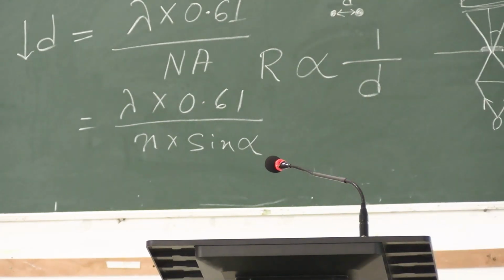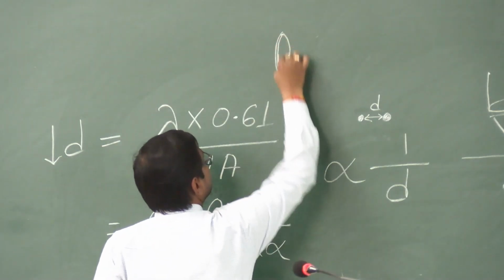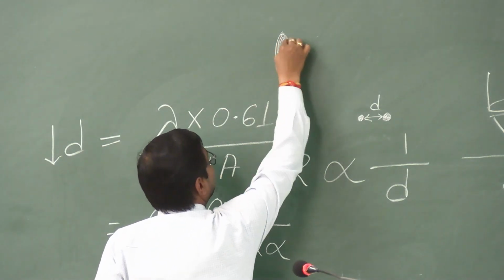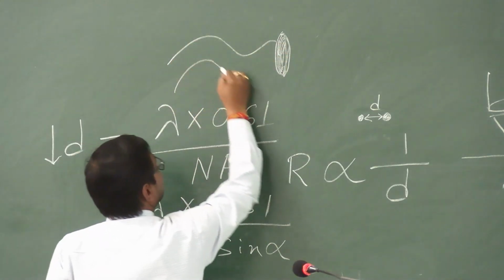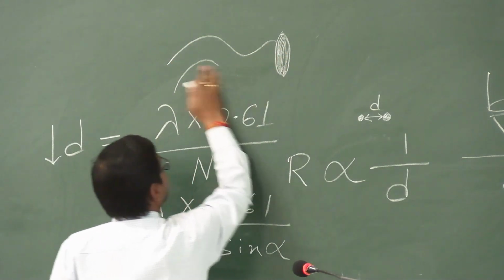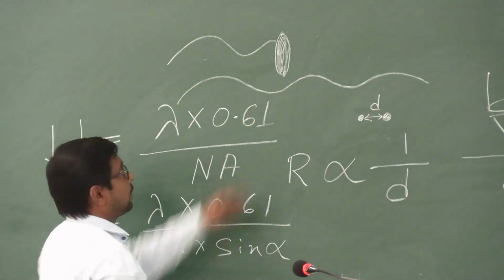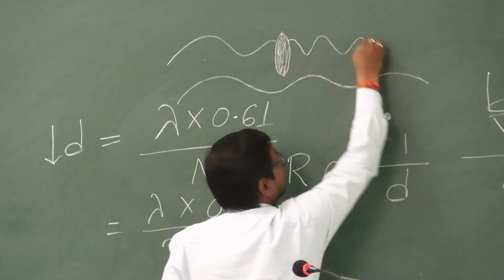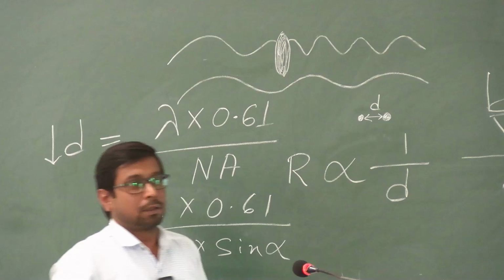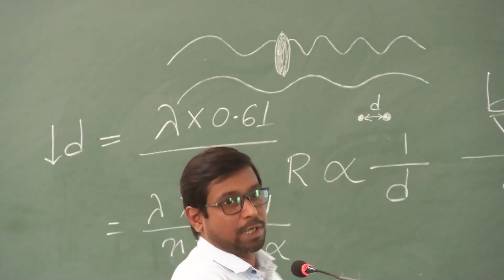If a light will pass through a microorganism, suppose this is a microorganism, a bacteria, and light will pass like this, but after passing the microorganism, the wavelength will be short, and this will make the contrast.